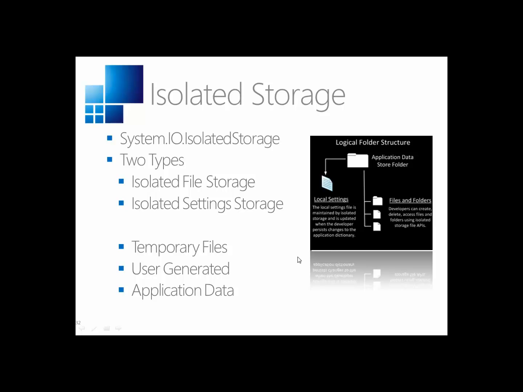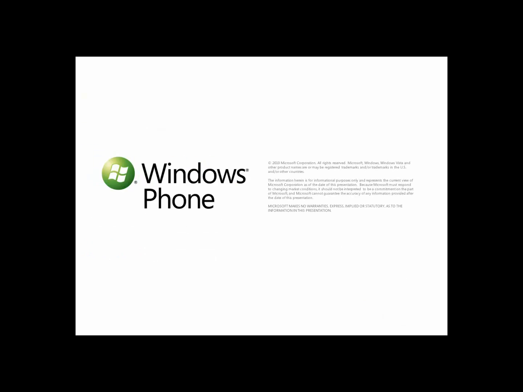Now, we have a couple things in the hands-on lab that allows you to work with this and work through it, and have some really cool helpers that will help you along with it as well. But isolated storage is no different, or I should say very similar to how you utilize System.IO and regular namespace. So that's the end of the third session.